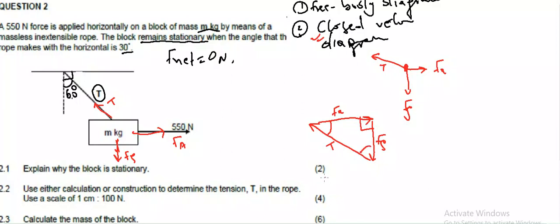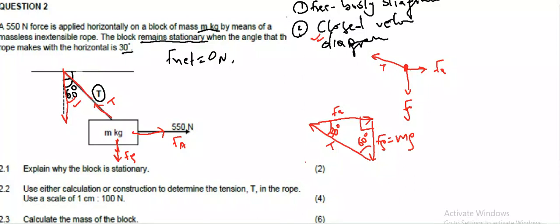The angle between the vertical line and the slanted line, that is the tension, is 60 degrees. So we have 60 degrees, then 90, therefore the remaining angle is 30 degrees to make 180. Then we have the formula for Fg, which is mg. Then we are done with that one.